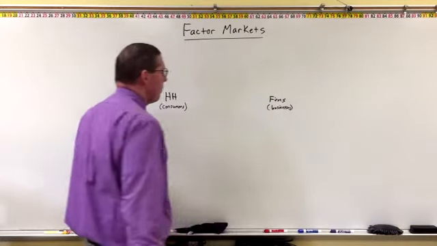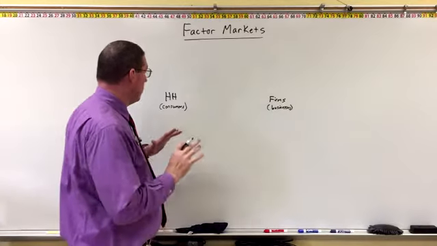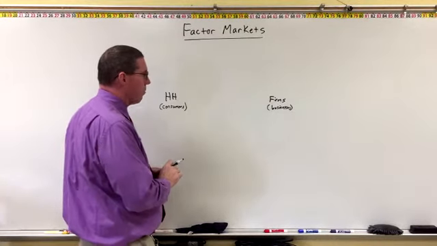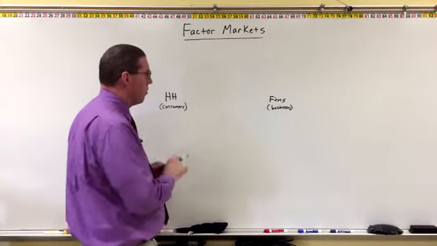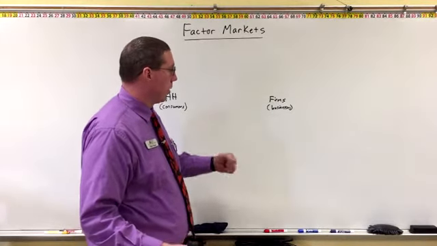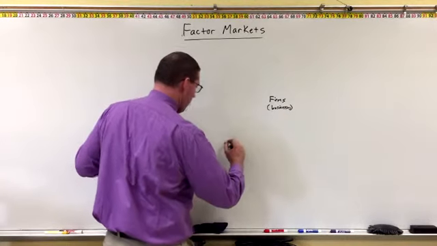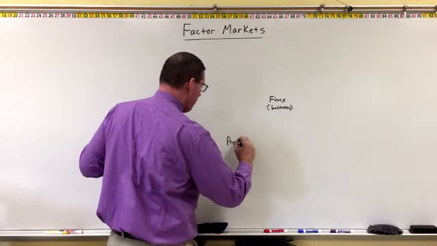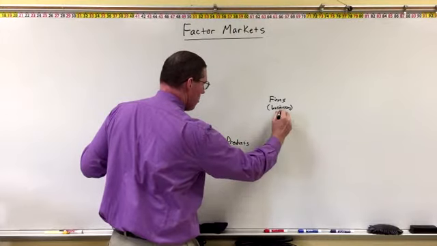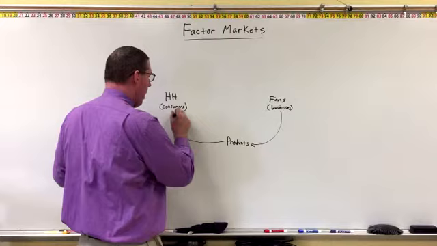What we have done up to this point with the conversation about markets between firms and households has mostly been regarding product markets. What we said previously is that firms produce products, and then consumers buy those products.